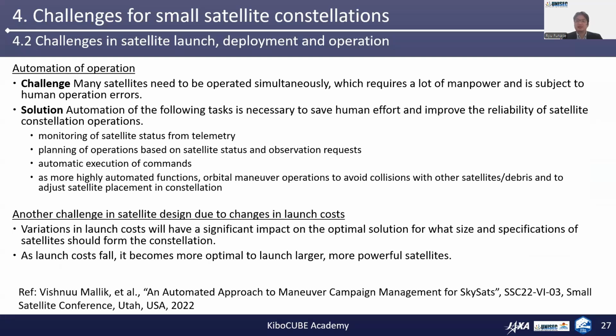The easiest tasks to automate include monitoring satellite status from telemetry, planning operations based on satellite status and observation requests, and executing commands. Some of the more advanced automatic functions include automation of orbit maneuvering to avoid collisions with other satellites or debris, and to adjust the satellite placement within the constellation.